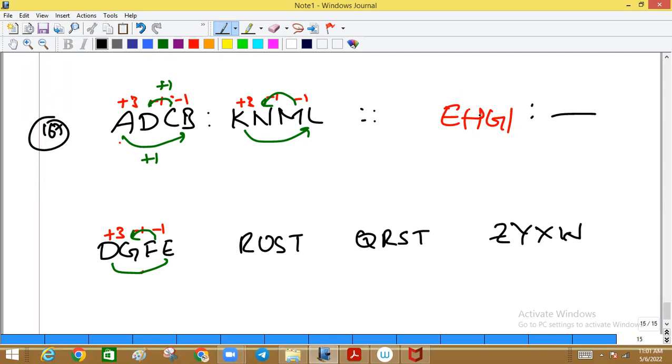Okay, then plus 3, H to G, minus 1, G is 7, right? I is 9.